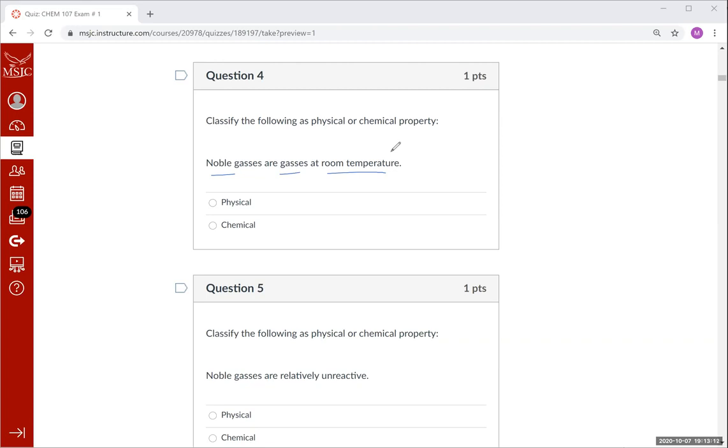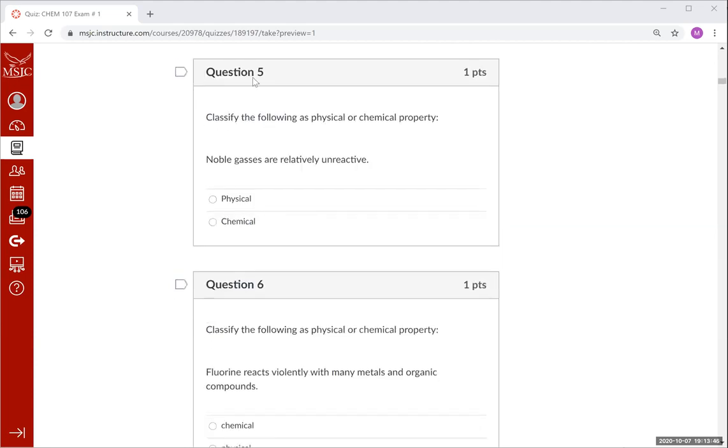For example, if you look at the glass of water on your desk, you can observe that the water is a liquid without changing its chemical identity, right? So then, is physical state a physical or chemical property? Physical. Physical, yep, exactly. Does that make sense?